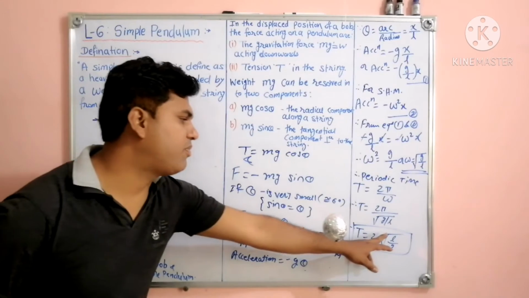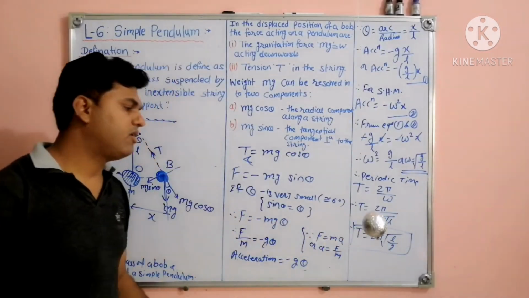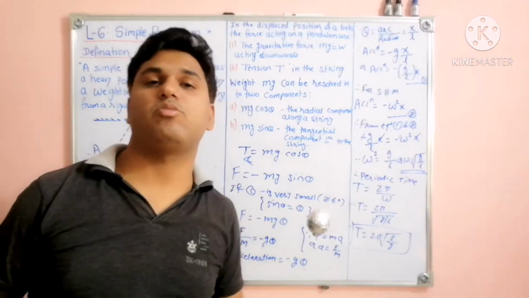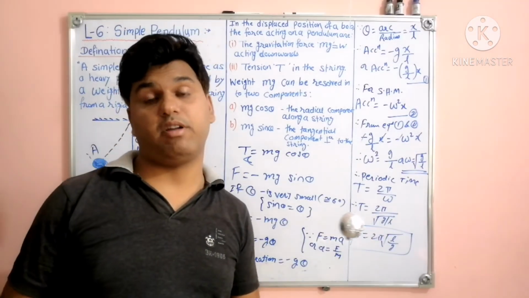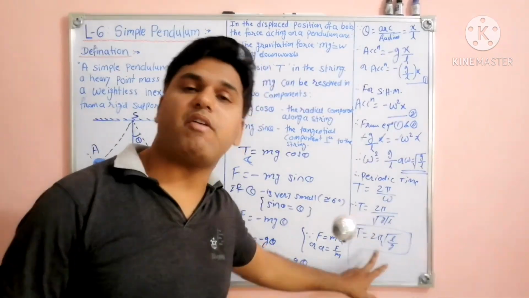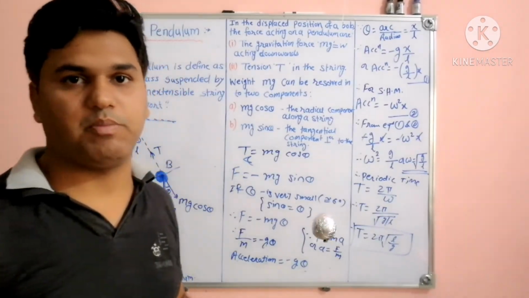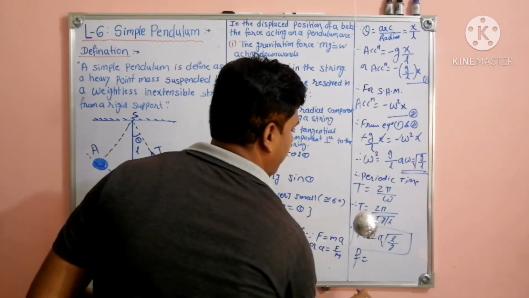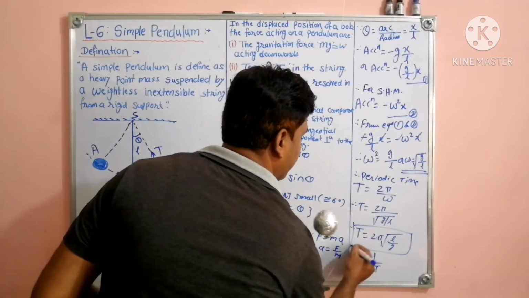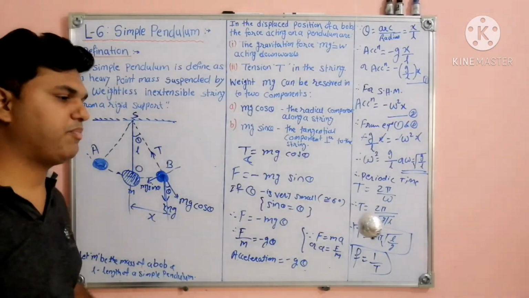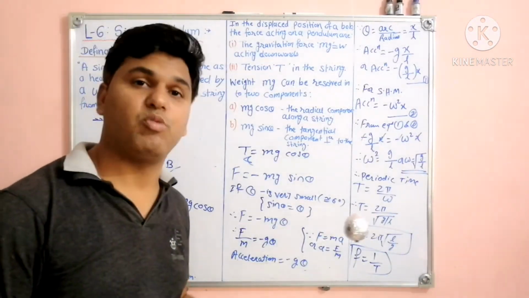Twice pi is a constant, L is the length of the pendulum, and g is the acceleration due to gravity at the place where we perform the experiment. By using this formula we find the time period of the simple pendulum. This is a theoretical formula, and the frequency of the simple pendulum, f, equals the reciprocal of the time period.